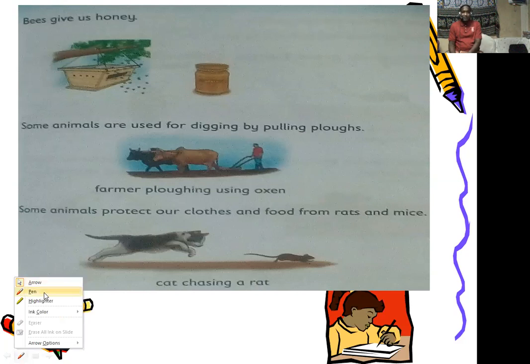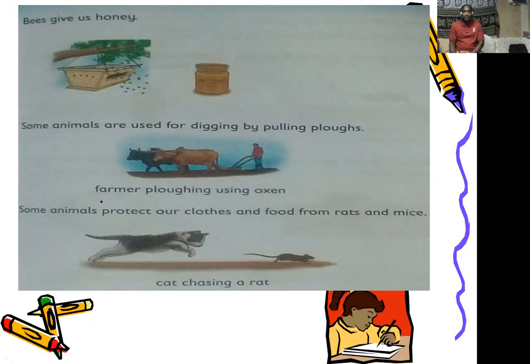Next, pupils, some animals are used for digging by pulling the plow. The plow is a tool that is used by a farmer to dig. If you look at the picture properly, pupils, you can see two bulls pulling the plow. Farmers plow using oxen.